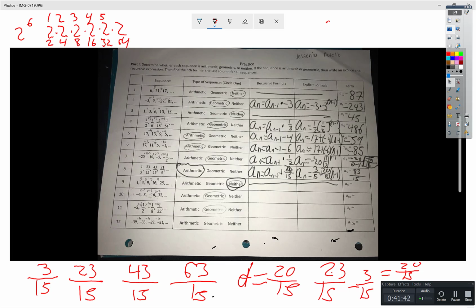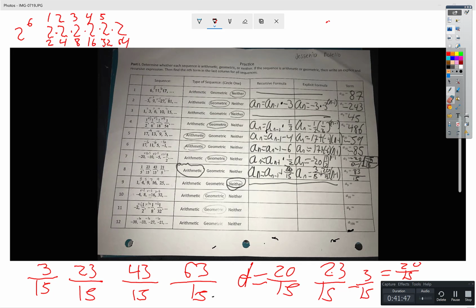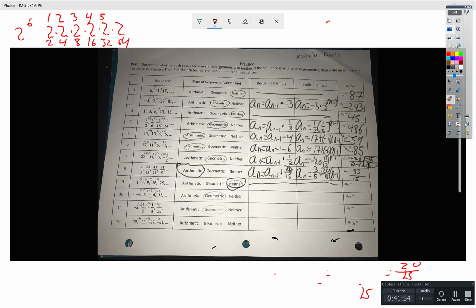To find the ninth term, well, let's see. First term is 1, 4, 9.